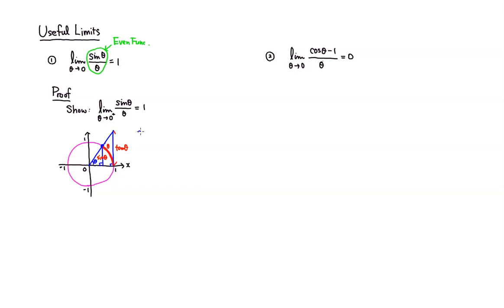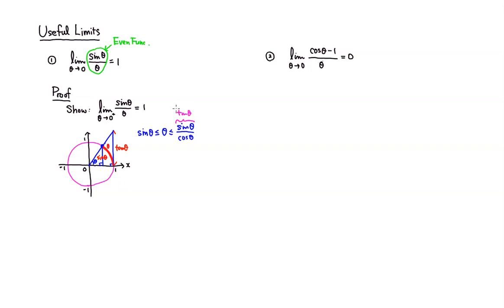Sine of theta is the shortest, theta is the middle guy, and then we have the tangent, which I'm going to write as sine of theta over cosine of theta, because it's tangent. So this is tangent of theta.